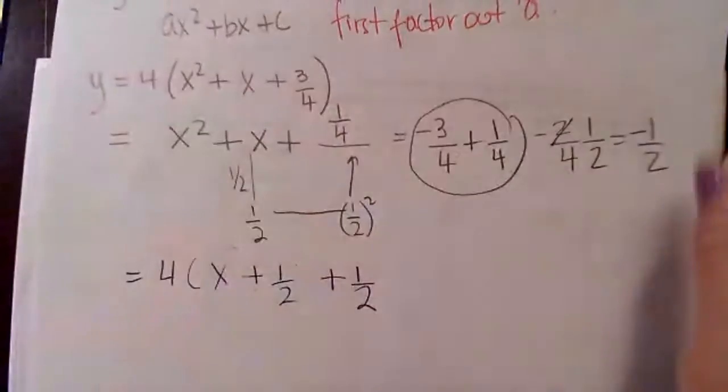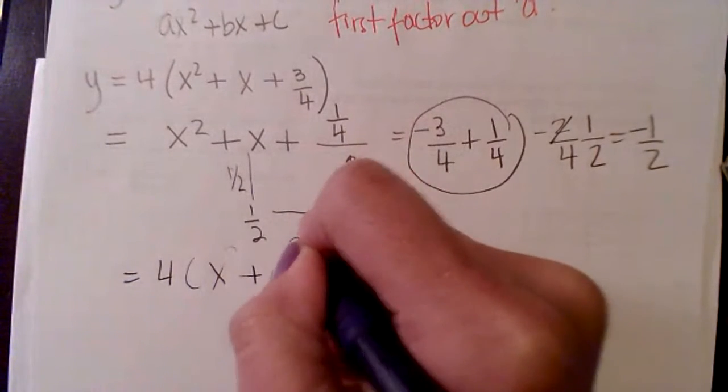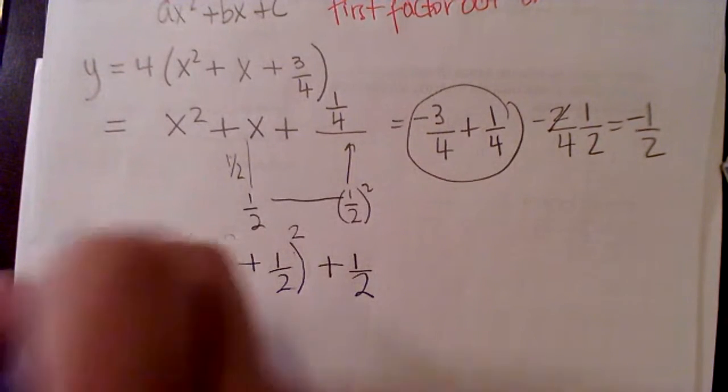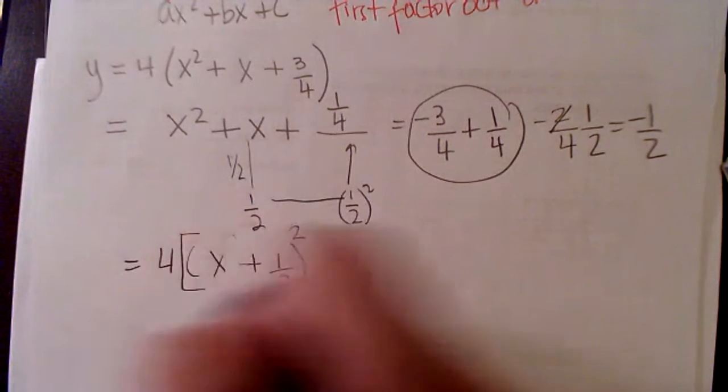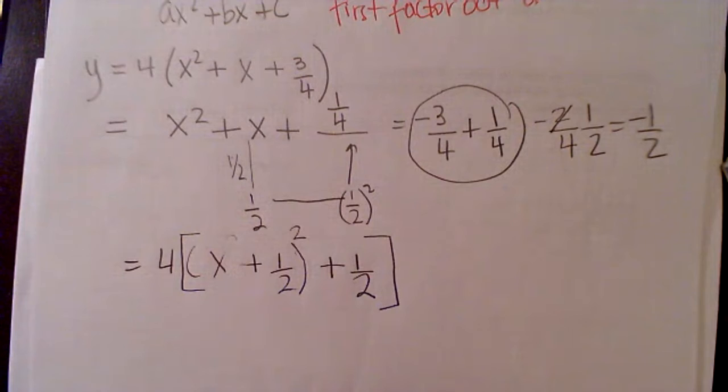Hold on. That's how it is. Okay. We just completed the square. But what happened now? We need to distribute the 4.